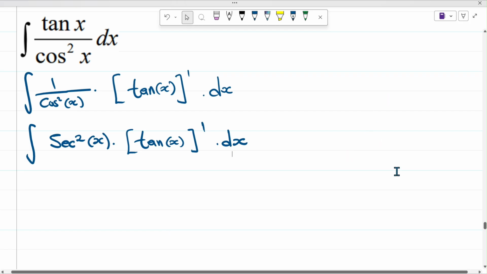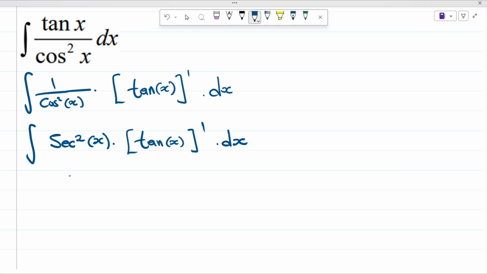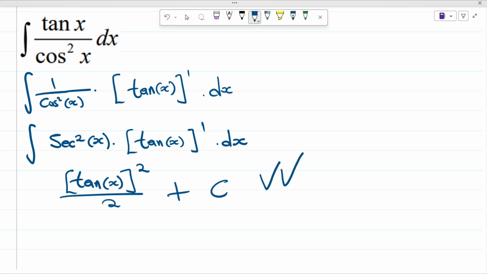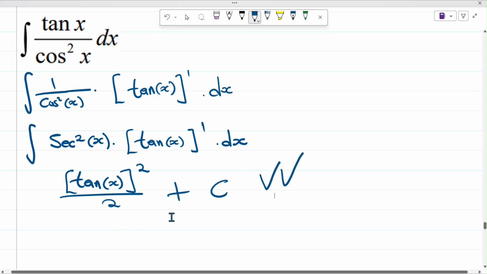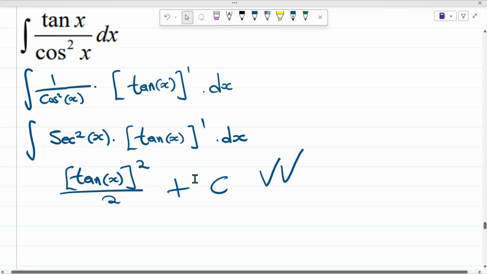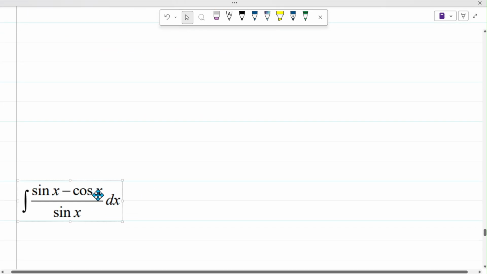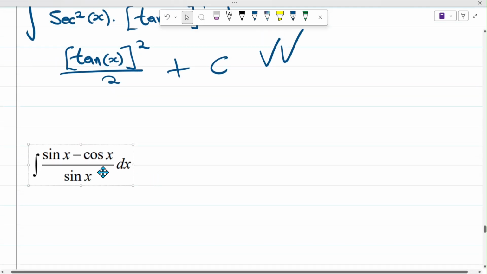So let's just apply it. This is just going to be tan of x to the power of 2 divided by the 2 plus c. Then ta-da, we have our answer because we have applied our general power rule. Simple as that.